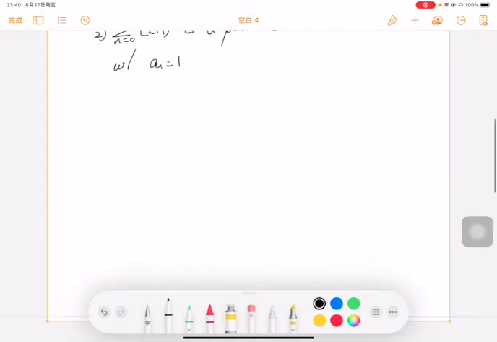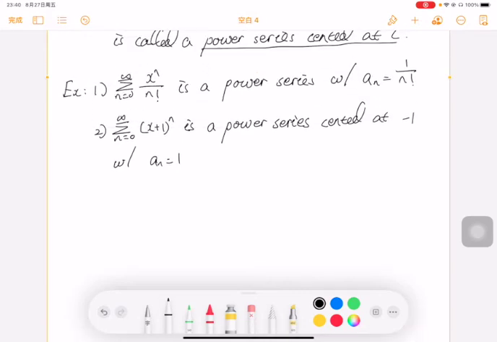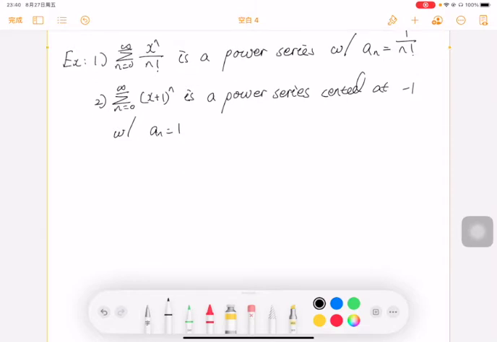Now, of course, just like any other series, what we care most about is the convergence theorems. So when does a power series converge? Here is a very elegant theorem that tells you what the domain of convergence can look like.